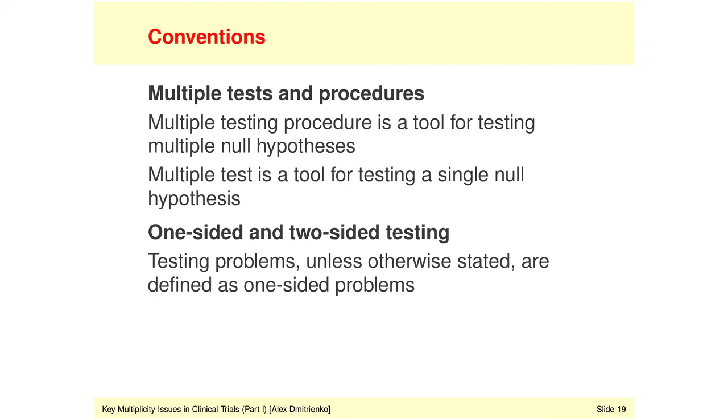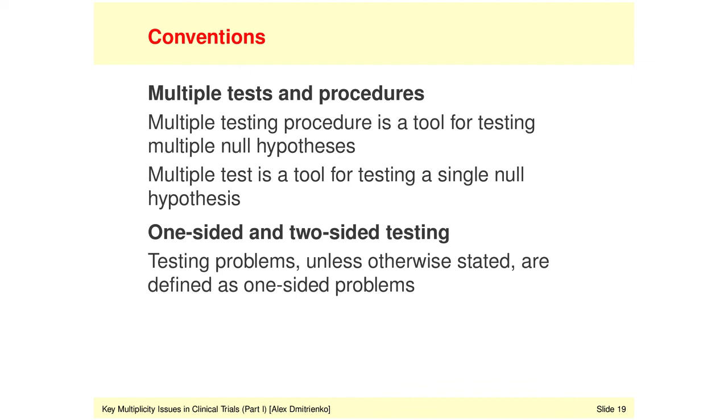And by contrast, a multiple test is a tool for testing a single null hypothesis. For example, when we have a single null hypothesis, we will apply a test, but when we have a testing problem involving a family of, say, 2, 3, 4, 5 hypotheses, then it would be appropriate to apply a multiple testing procedure rather than a test.